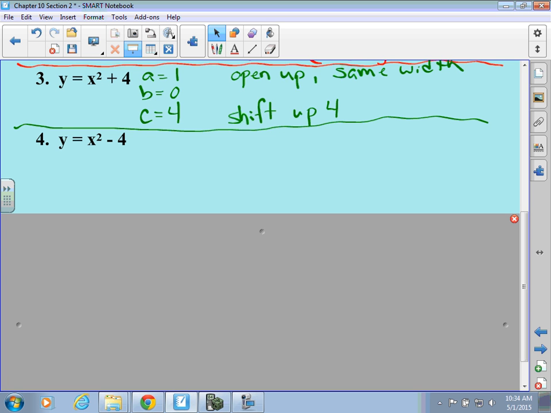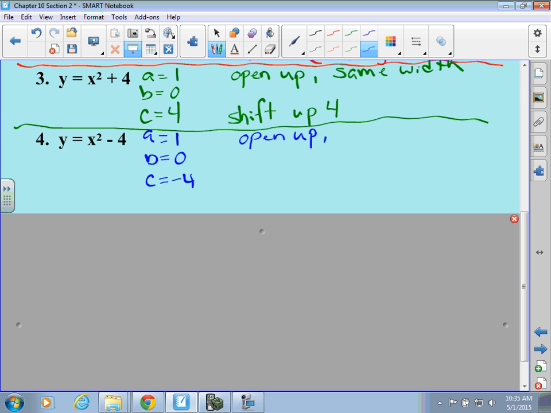All right, so what's my a on this one? A is 1, B is 0, C is 4. So how is it going to open? It's going to open up. What about the width? Same width. And what about my c? Shift down 4. Good.